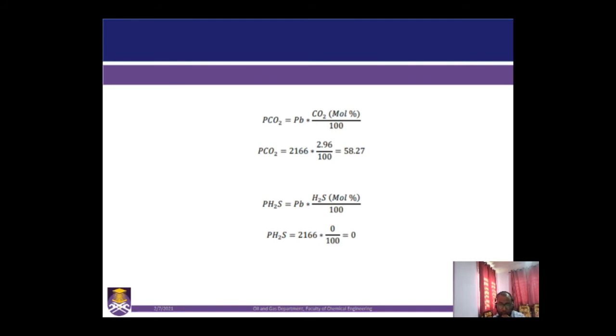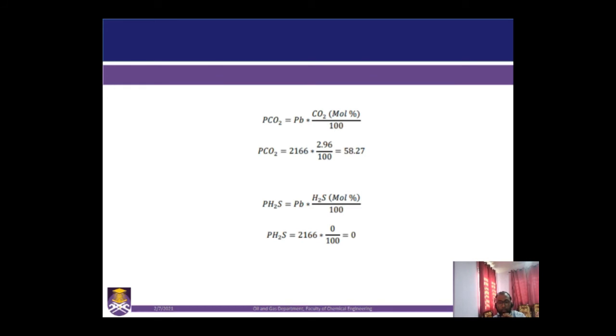This is the calculation that we made to calculate the partial pressure for CO2 and H2S. The CO2 content percentage is 2.96 based on the reservoir report, and we get the CO2 partial pressure is 58.27.